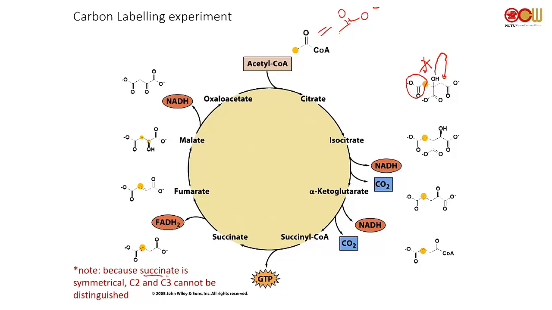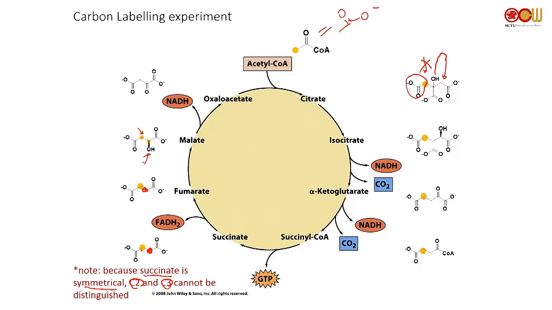Now, note that because succinate and fumarate are symmetrical, C2 and C3 cannot be distinguished. So right here, essentially you have this one labeled as well, this one labeled as well. And when you go down to malate, now you have two kinds of malate. You have one malate that's labeled right here, another kind of malate that's labeled right here.